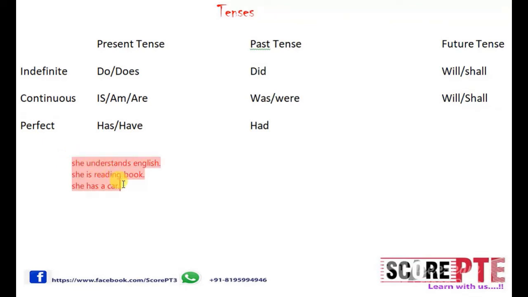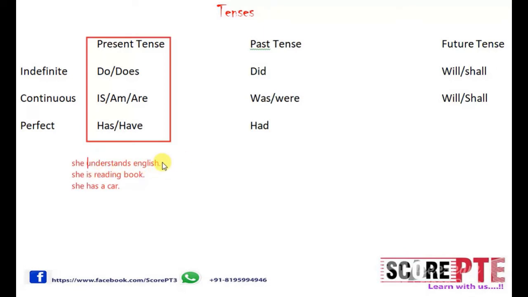Now these three sentences are representing present tense forms. Okay, means that "she understands" or "she does", it's simple tense.